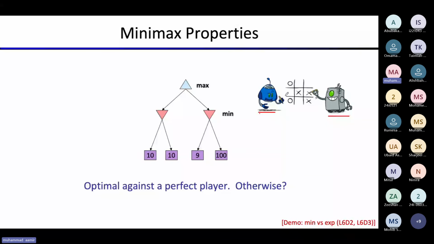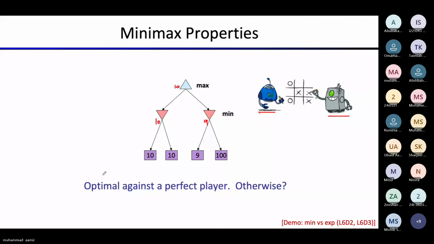So what are the options when we say that we will not take the perfect move? What does this mean? If we say that each player will take the perfect move, it means min will take the 10 value here and the 9 value here. Max will get the 10 value here.